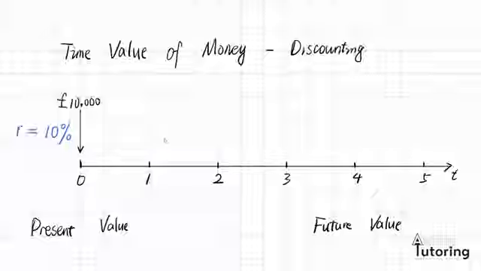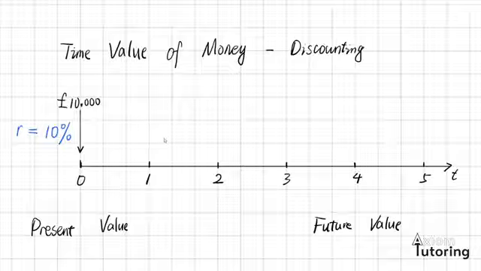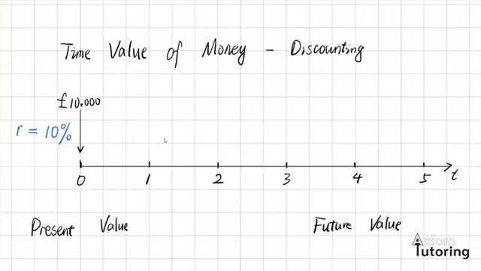Yeah, so it's a very extreme example, but you get the idea. So any cash flow or any income that happens in the future is worth less and must be discounted in present terms. Okay, we will illustrate this with a simple numerical example.